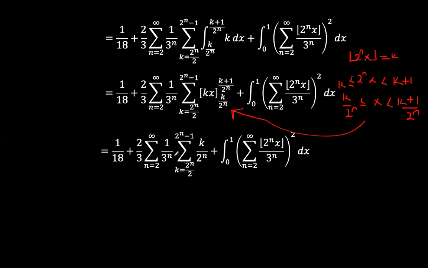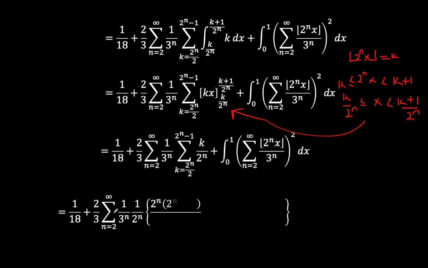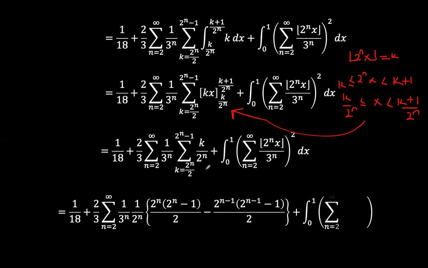And so we can now pull this out here, and now we can sum the k. So this is an arithmetic progression from k equals 2 to the power n over 2 to 2 to the power n minus 1. So we have 1 over 3 to the power n times 1 over 2 to the power n. And so the summation here between these is the summation from 1 to 2 to the power n minus 1.